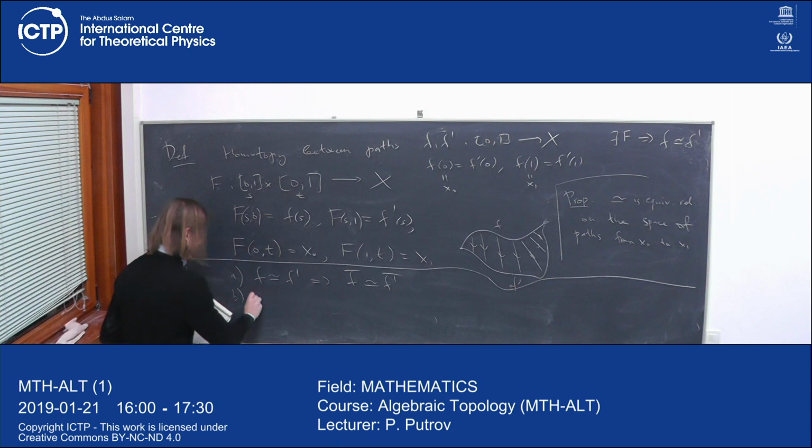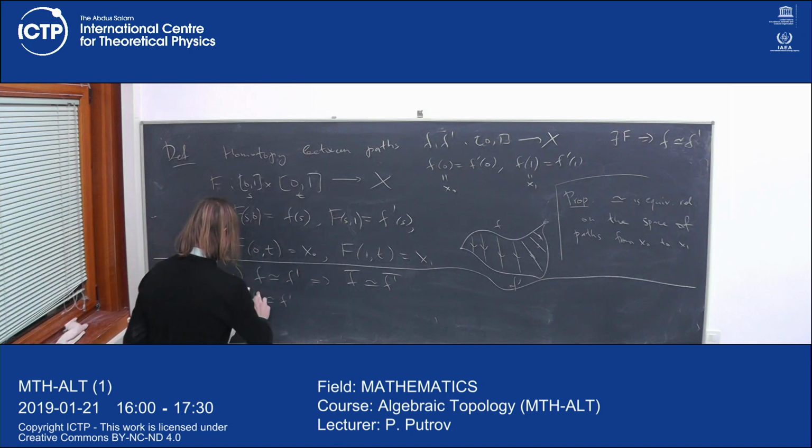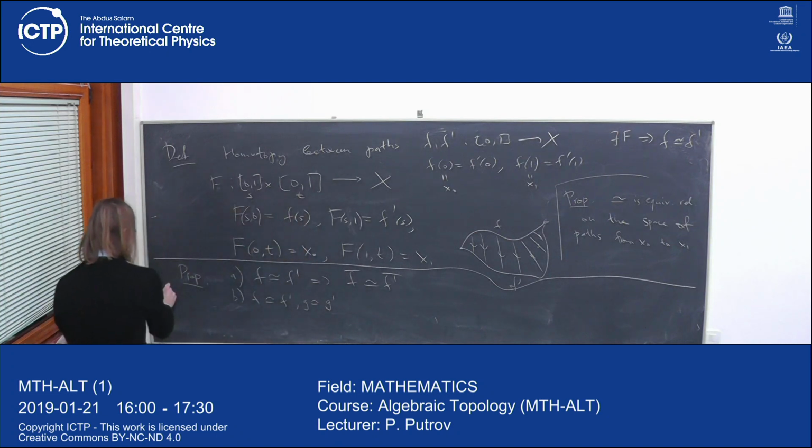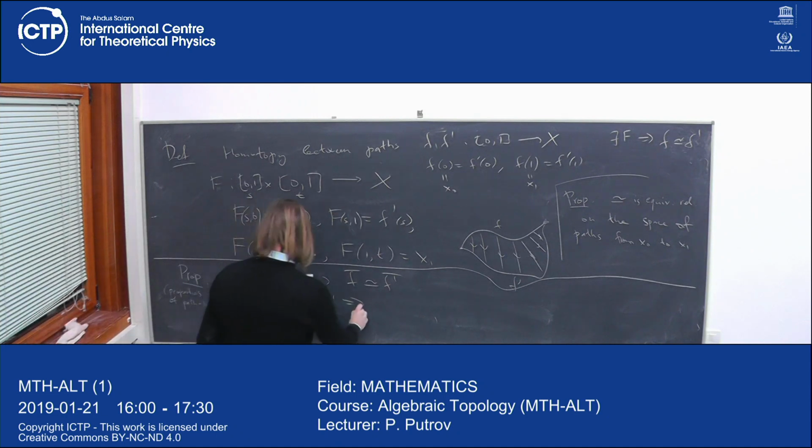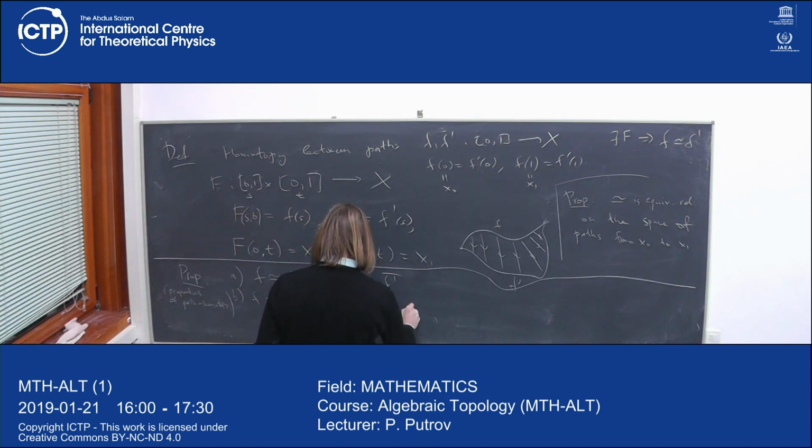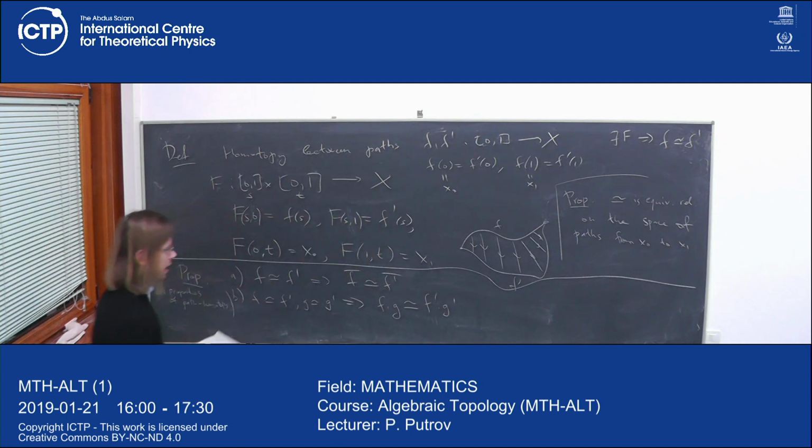Then b: if f is homotopic to f prime, and g is homotopic to g prime, I can formulate this as a property of paths from, then the composition of f and g is homotopic to the composition of f prime and g prime.